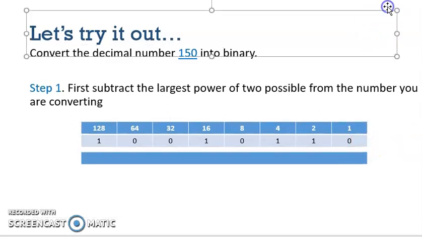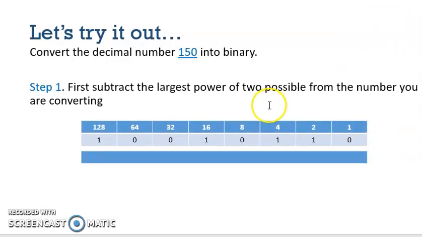So therefore, we've now established that the binary number for the decimal 150 is 10010110, and again you can check that by adding 128 plus 16 plus 4 plus 2, and you should then have 150. So that is now decimal to binary conversion.